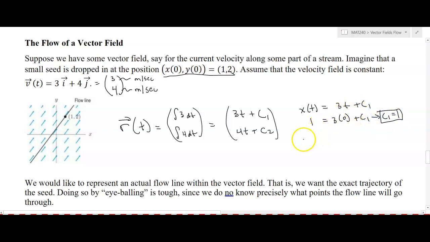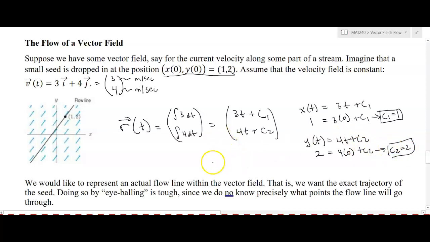And similarly, my y of t, which is 4t plus c2, if I substitute in my initial condition, 2 for y, 0 for t, and solve for c2, I get c2 equals 2.